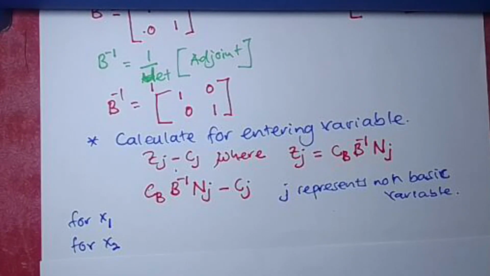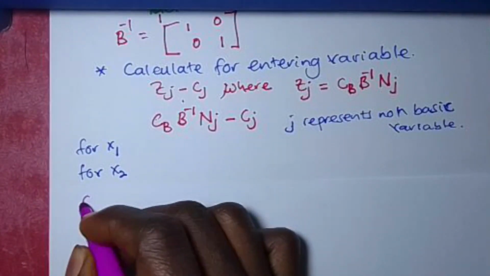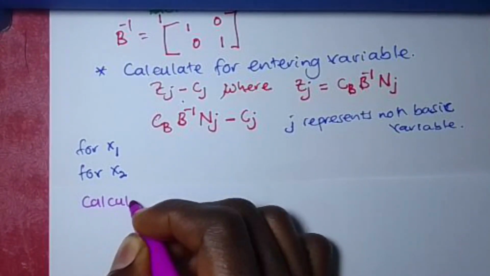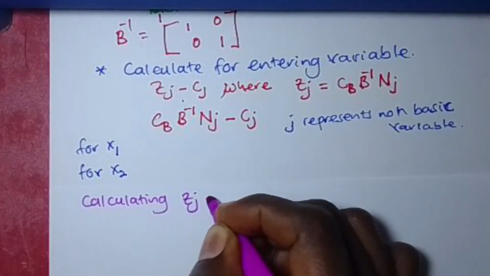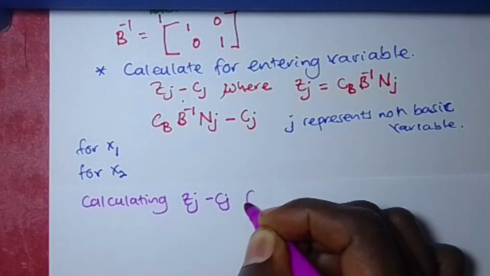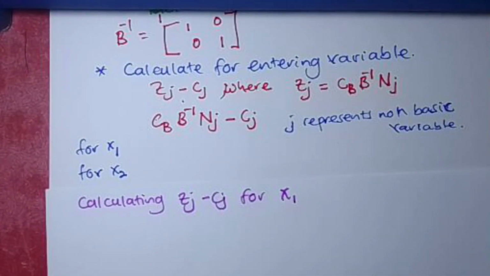So let us calculate zj minus cj for x1. We are going to calculate for x1, and then also for x2.